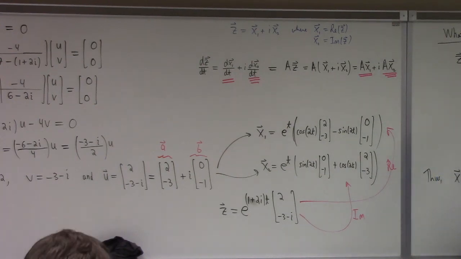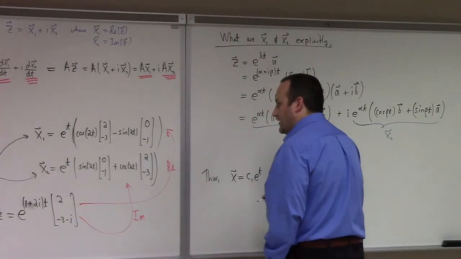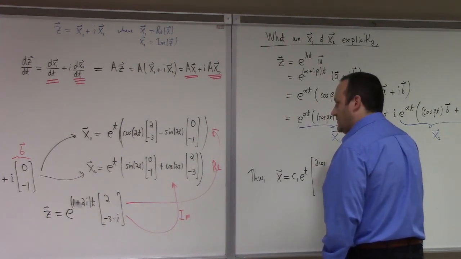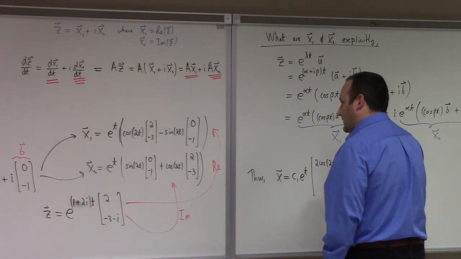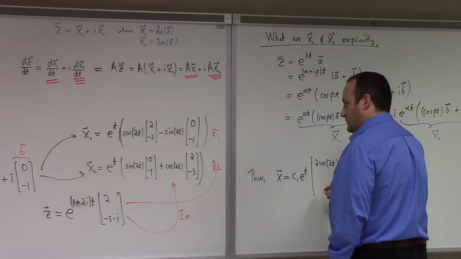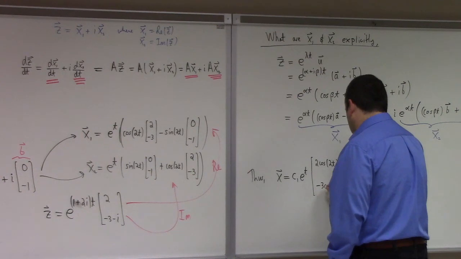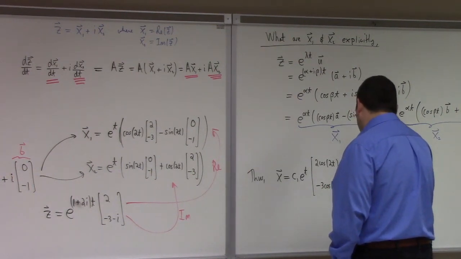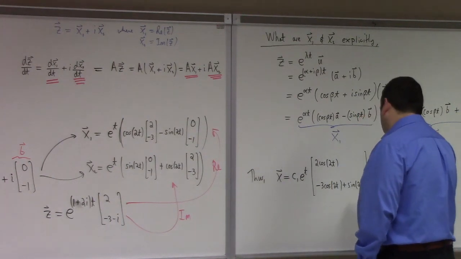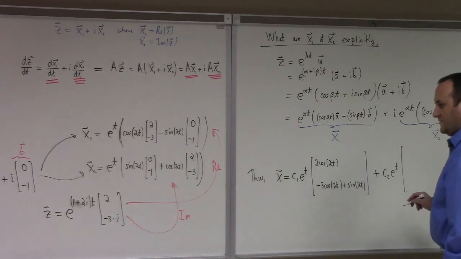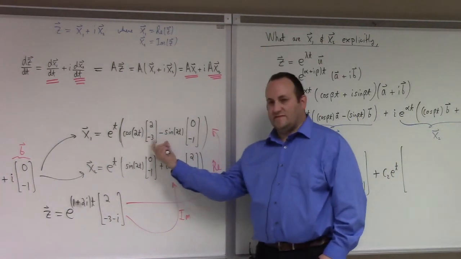We got C1 e to the t, and I'm going to go ahead and put some stuff together. So I get 2 cosine 2t, and then downstairs, oh, I'm sorry, yeah, minus 3 cosine 2t plus sine 2t. And then plus C2 e to the t. So all I'm doing is just putting this stuff together.